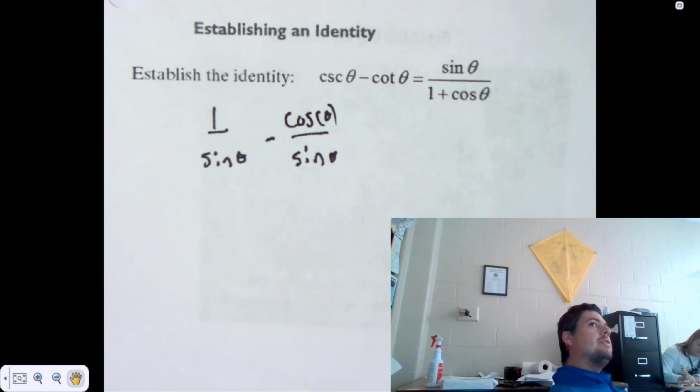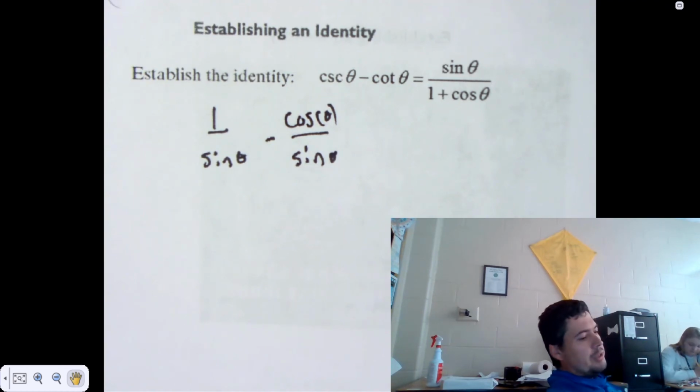Hey, those are 2 fractions that are actually alike, aren't they? Which means I can just put them together. How do you add 1 over sine, take away cosine over sine?